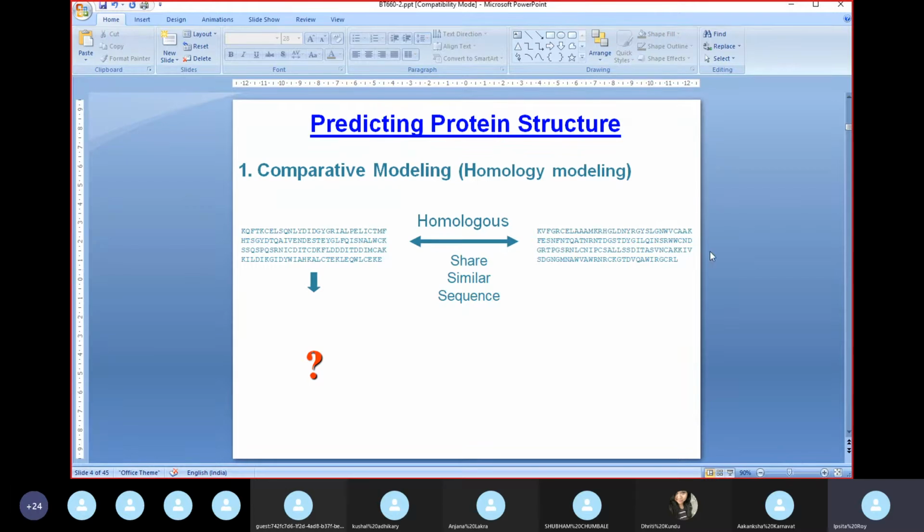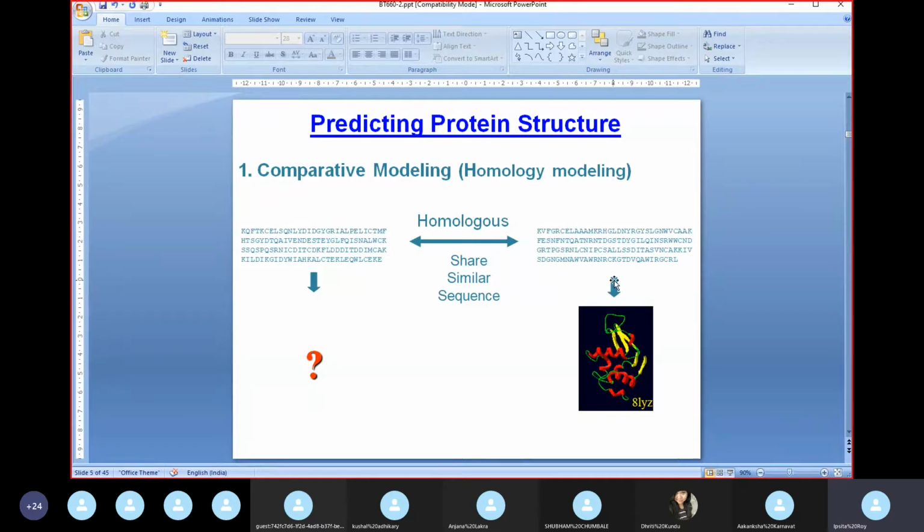This sequence or structure you know is referred to as a template, and this sequence which you are trying to model on the known sequence is then referred to as a query sequence. The query is for this sequence. So this is something whose structure you know, it is your template.